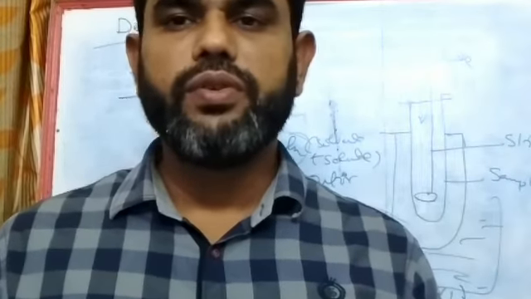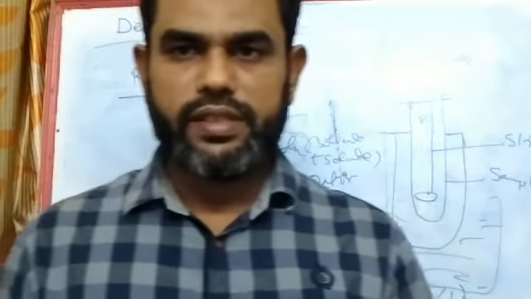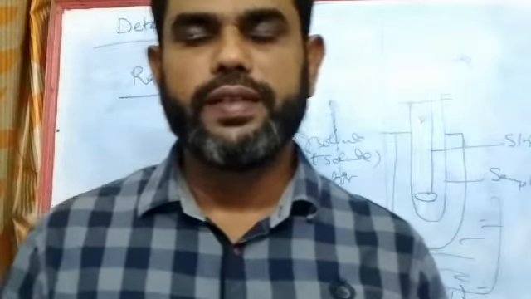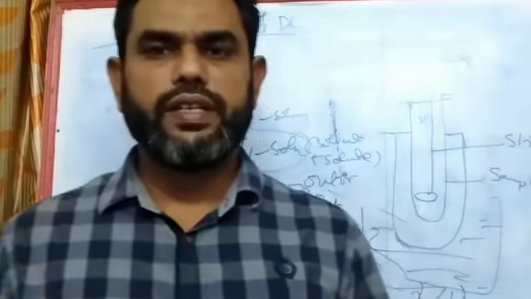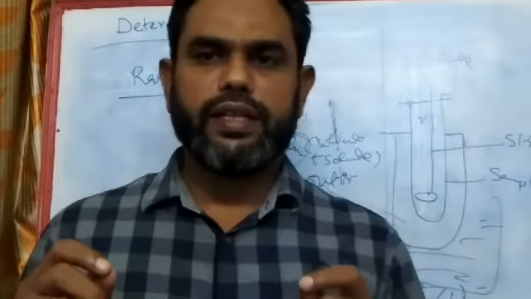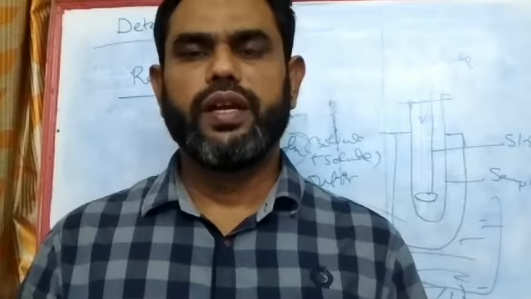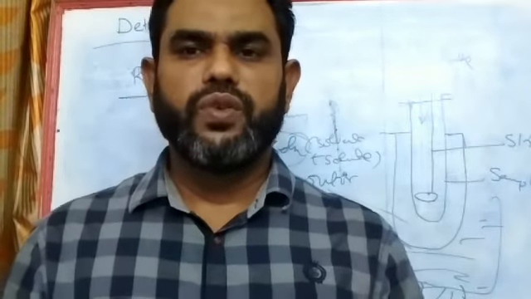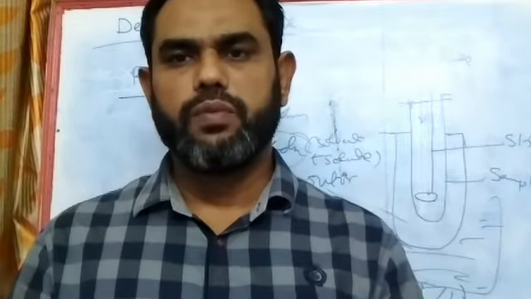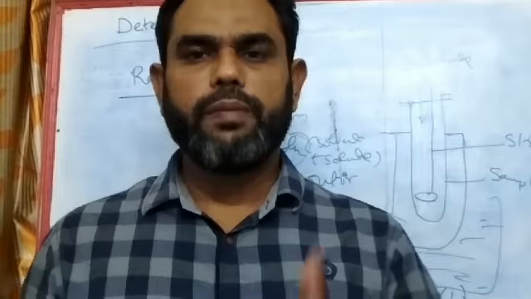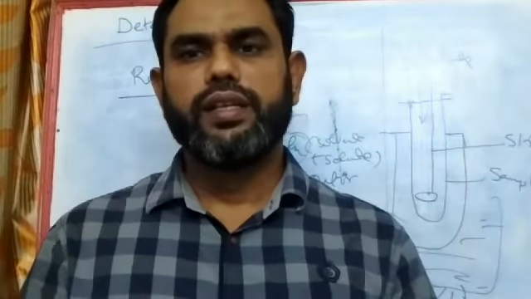So let me brief you in a few minutes. Depression of freezing point is a colligative property, where the depression of freezing point is affected by the number of moles of solute and not by the nature of the solute. It is understood or proved by drawing a vapor pressure versus temperature graph between a pure solvent and a solution.